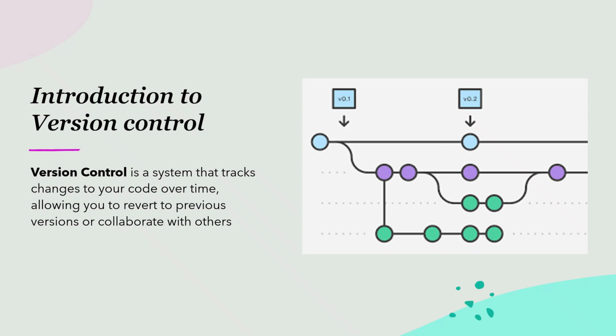Version control basically provides a structured approach to managing changes made to the source code, including documents or any other digital assets throughout the development life cycle.